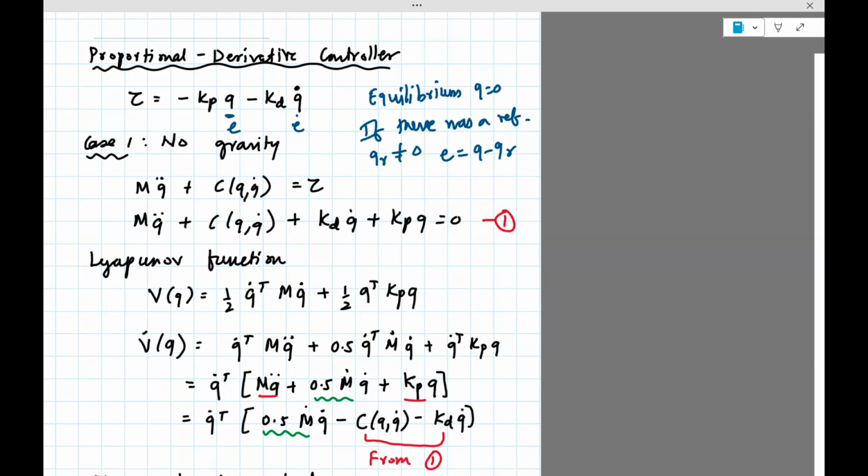Okay, but this is very generalizable. Just take it as minus kp q minus kd q dot. Now we'll consider two cases. The first case is when there's no gravity, so here is the equation with g of q equal to 0.